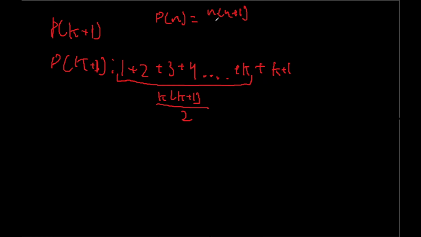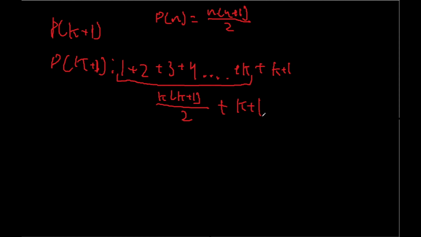That's what we're assuming is true. And from there, now that we have the k plus 1, since it's plus k plus 1, we could do this. We write it like that.